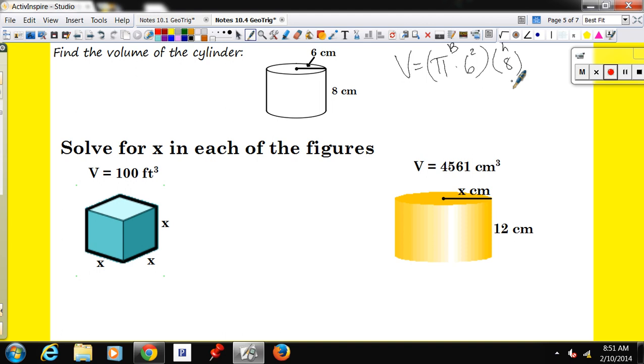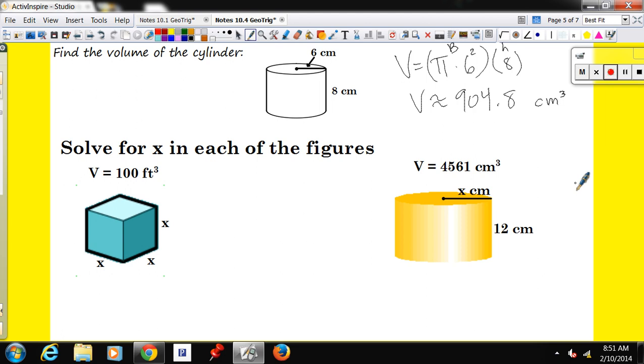Let's see what that one comes out to be. You get 904.8. I like to put approximately when you have pi because it could be a little different.